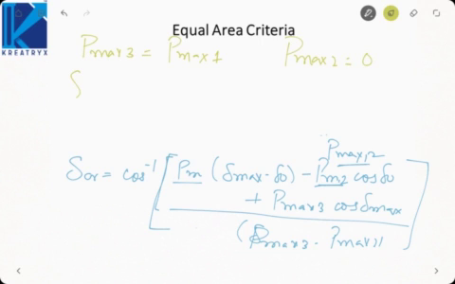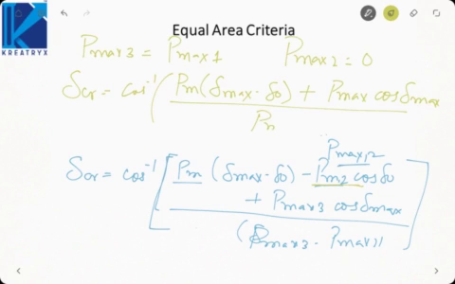If we substitute here, we will get cos inverse of Pm into delta max minus delta naught, where this term goes to 0 because Pmax 2 is 0, plus Pmax cos delta max, divided by Pmax because Pmax 2 is 0. This was the formula for the first case. So that can be derived from this case also. That is why this case is the most general type of case. You can remember this case and apply it for any other case as well.